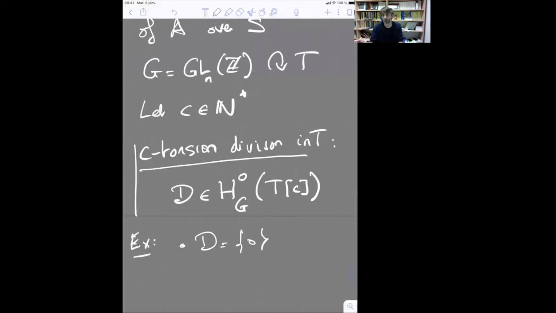Just take the zero section, and then the degree of D, because there is only one torsion point, the zero point, is 1.